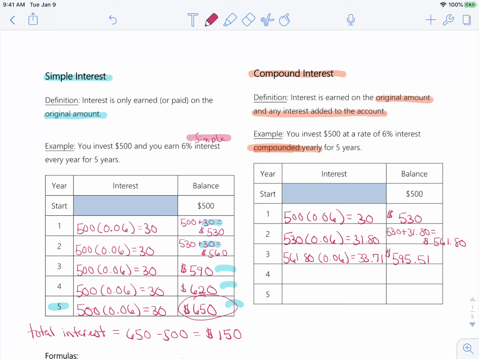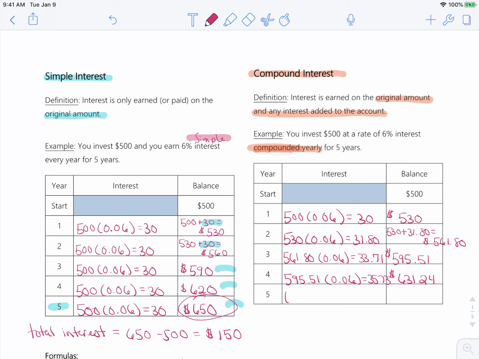Well, year 4, I take my previous amount and I multiply it by the interest rate, and I get 35.73. If I add that to my previous year, I end up getting $631.24. All right, we have one more to go.